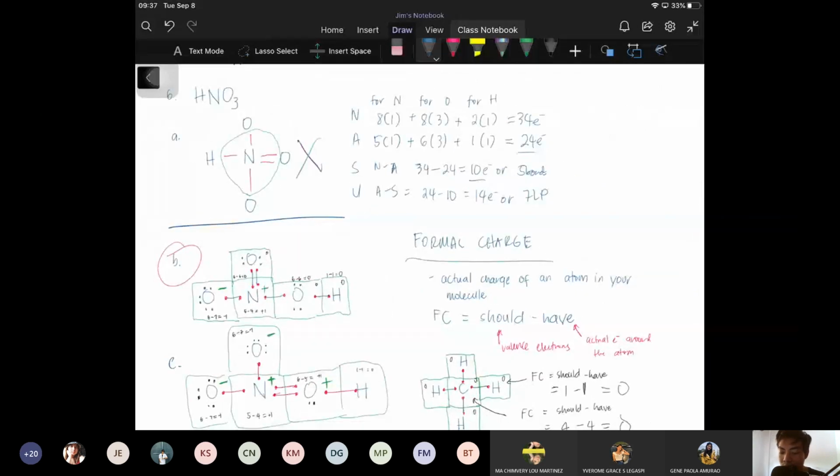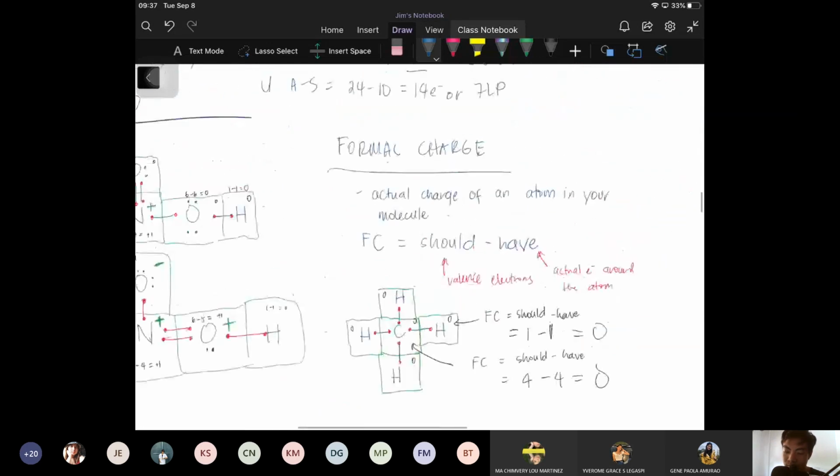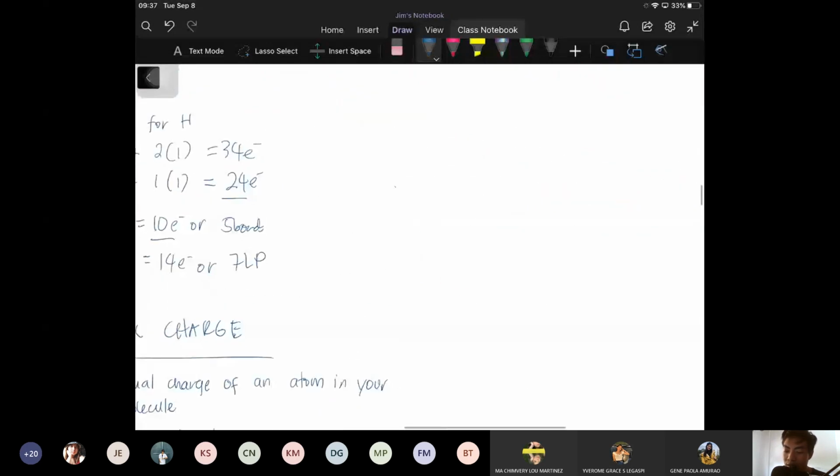To write the final answer, all you have to do is redraw it. Redraw mo na lang. Pagdating ng quiz, siguro maraming structures, tapos bahala kayo mamili kung sino yung tama, sino yung mali.